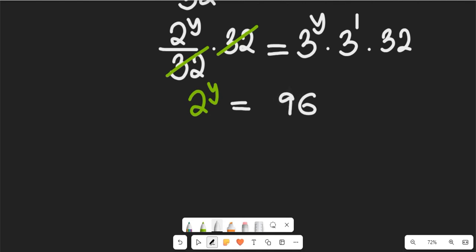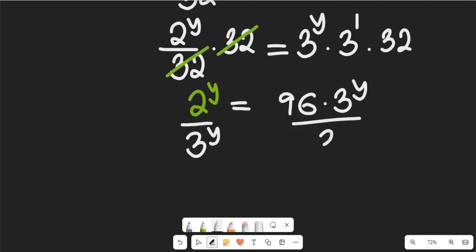And that will be 96 multiplied by 3 to the power of y. So we can divide both sides by 3 to the power of y. That way, we can clear y from the right-hand side.